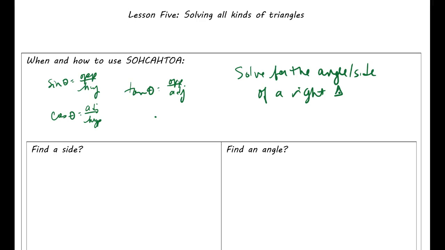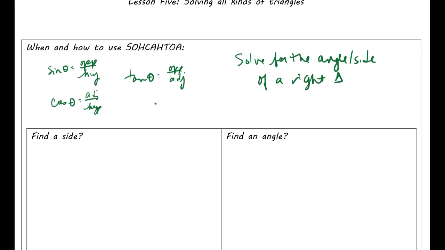So it's one of those things where you may have known a side and an angle, and then you were trying to find another side, or vice versa. So we're going to practice one of each just as a refresher. Then we're going to talk about how to solve non-right triangles, which is something that you never learned before, but you'll see that you can use these same trig functions to do so, okay?